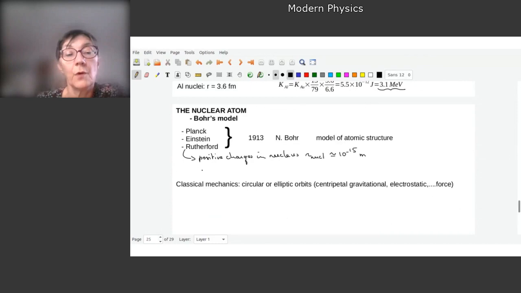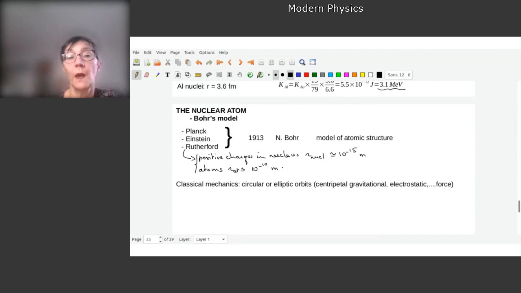And we know that the atom has dimensions of the order of 10 to the minus 10 meters. So there is a lot of space inside this atom. How are the negative charges distributed in this atom?